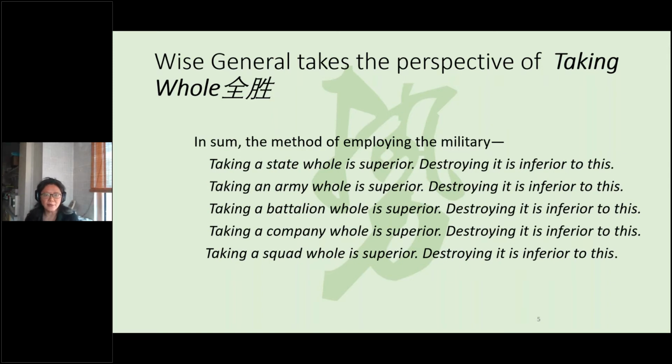Sun Tzu believes everything in the world is interconnected. We are interconnected with the overall system that we are in. Although this concept of interconnectedness may sound very familiar to Asians, especially Chinese, it's not the situation in the Western world.